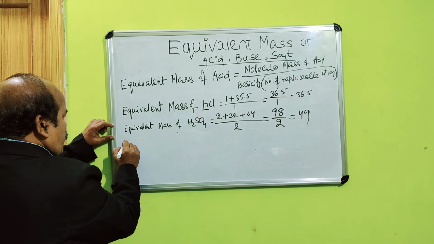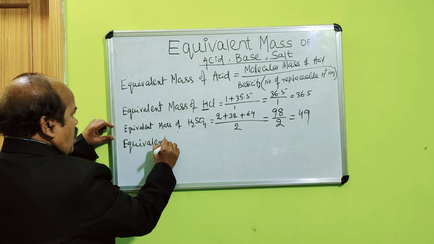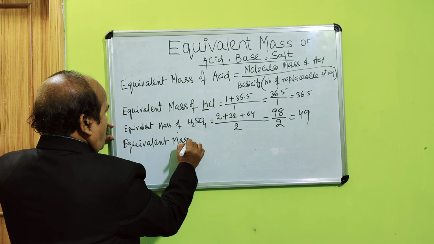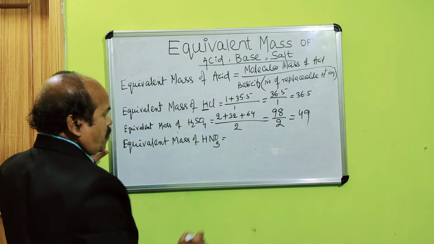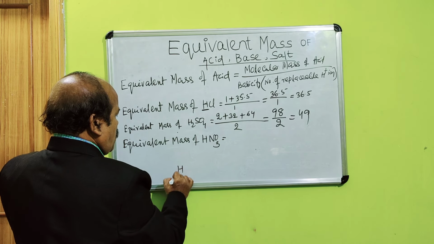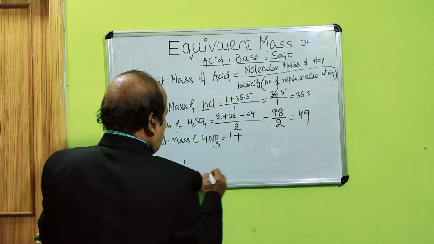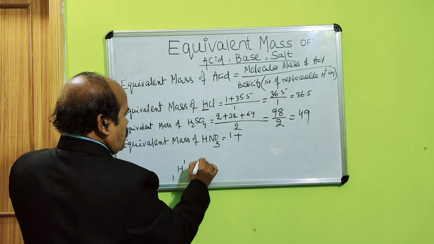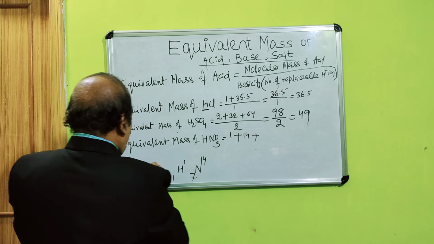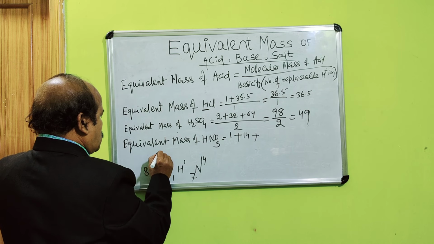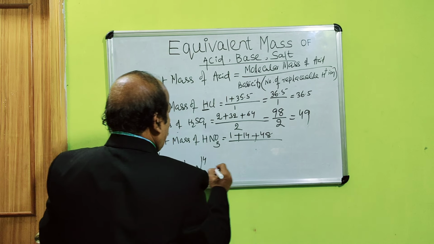So similarly, equivalent mass of HNO3, this is nitric acid. Again, hydrogen atom number 1, mass number 1. So I have written here 1 plus nitrogen atom number 7, mass number 14. So I shall write 14 plus oxygen atom number 8, mass number 16 into 3. So it is 48, divided by its basicity.